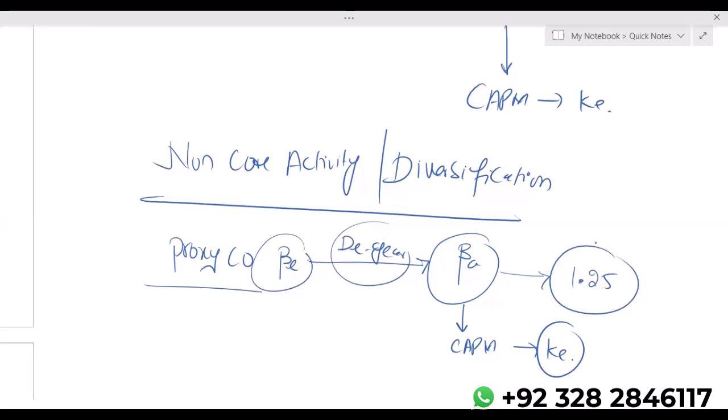If nothing is mentioned, then whatever beta asset we have calculated, the same beta asset we will be using in CAPM. So you have to be alert. Normally, the examiner does not go into that much detail.